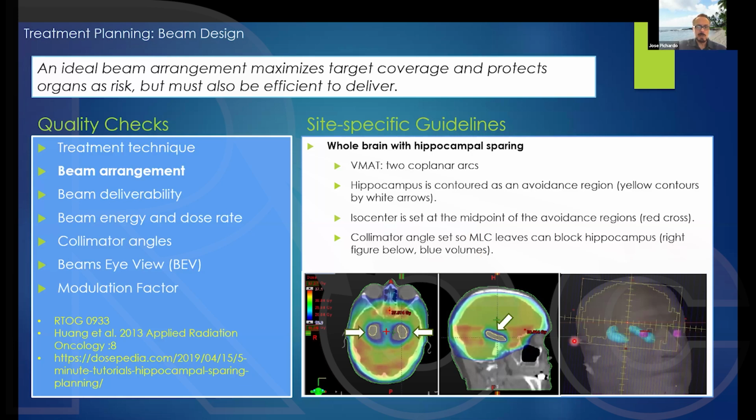You see how the collimator was set to a specific angle so that the leaves can really effectively block the shape of the hippocampus that was drawn. All right, I'm giving you really 2 very good references here for hippocampal sparing. Actually 3. You have RTOG 0933, and you have this paper by Dr. Huang, and then you have another video in Dospedia that actually explains how to do this.